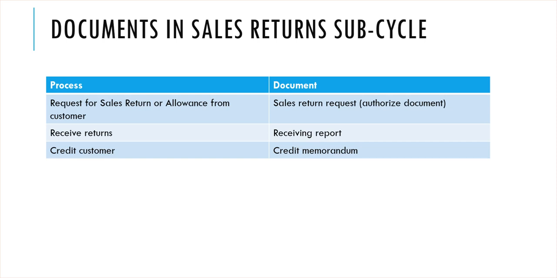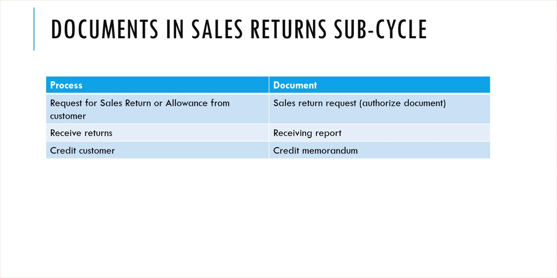So to be able to credit a customer's account, you have to have some communication that begins the process that says, this is what's going to be returned. You have to have a receiving report that says, yes, that was received in here, it's in good condition, and we got it in. So those two need to be linked together.